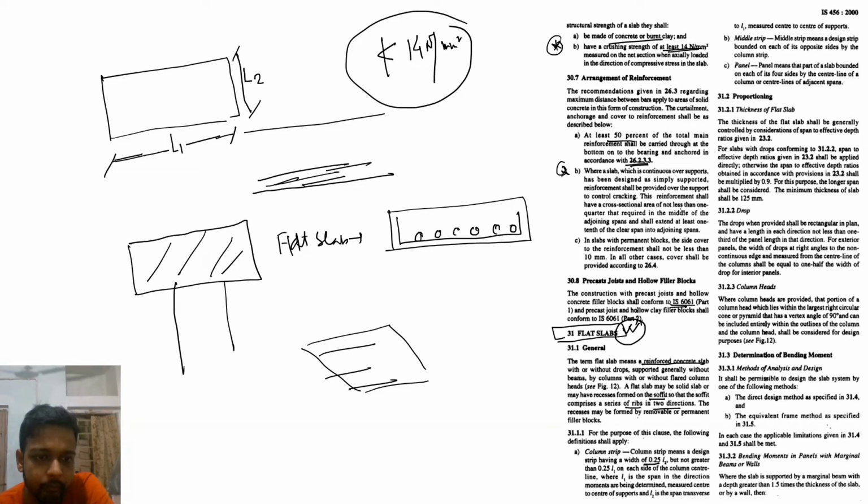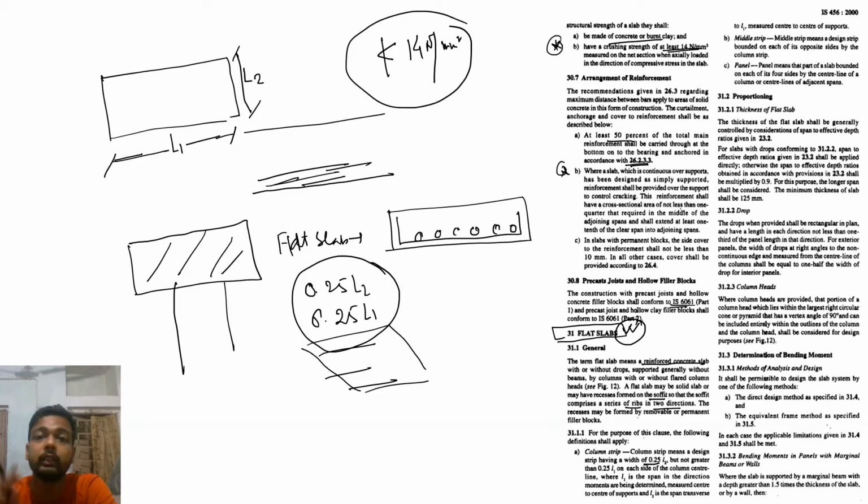For this strip, L1, L2 is this. So column strip width is 0.25 L2 but not greater than 0.25 L1. That is the condition.